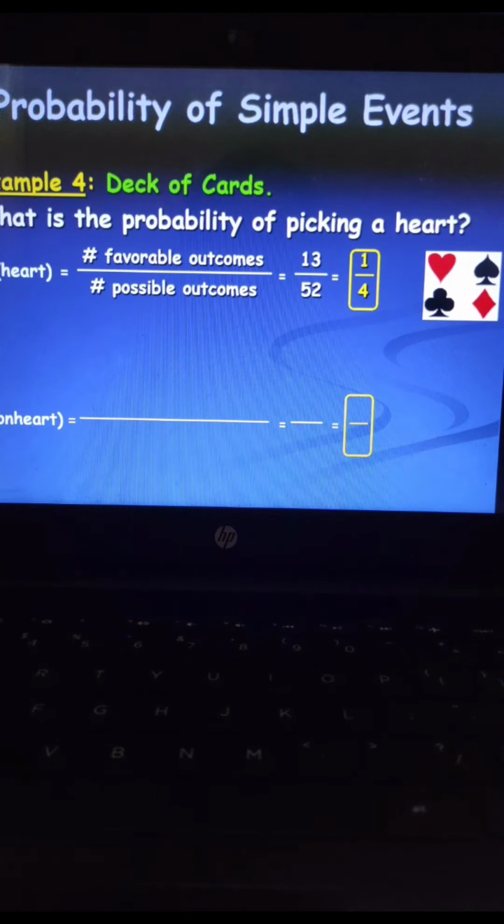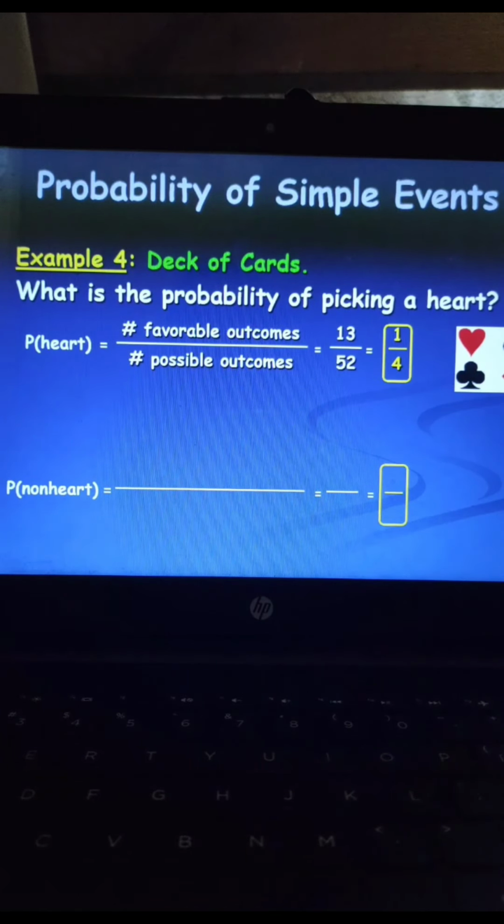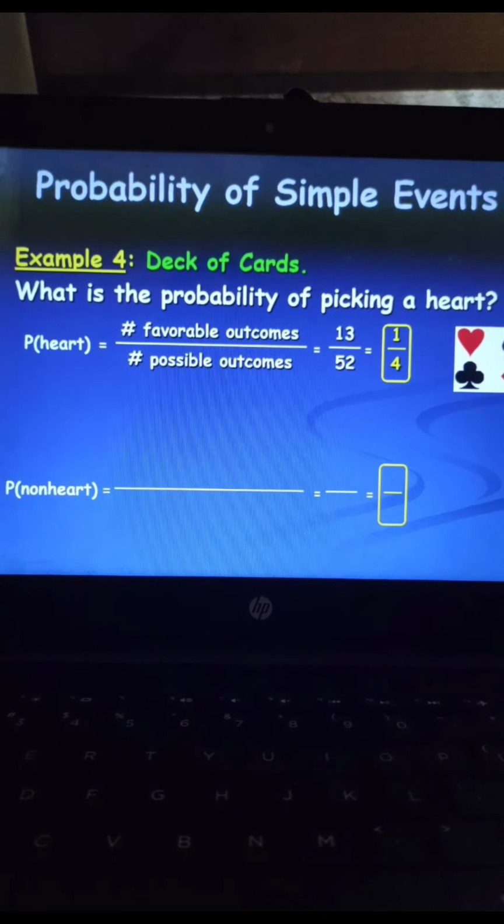As simple as that. Alright, below we are asked to find the probability of a non-heart. So it is very easy, right?